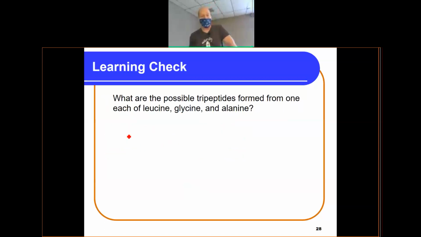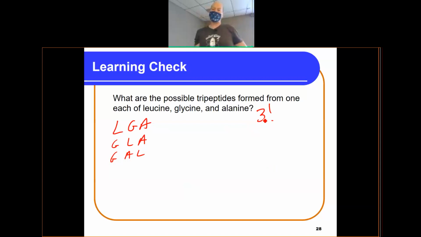All right, now when you have 3, L, G, and A, you could have L at the beginning, L in the middle, or L at the end. The formula is 3 with the exclamation point. I know what that says. Anyway, it's 3 times 2 times 1. That's 3 factorial, so we know that we are looking for 6.